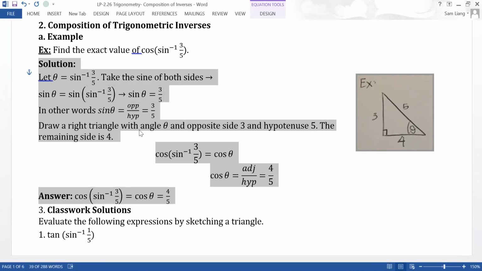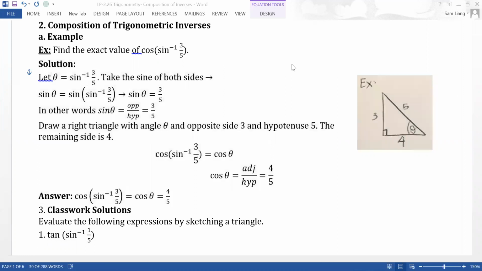I got a question from Sonia. Can we just do arcsine in our calculator and then do the cosine of that? Yeah, if that works, that's fine. But as you'll see in some other examples, like question 3 on the worksheet today, you're going to have variables.